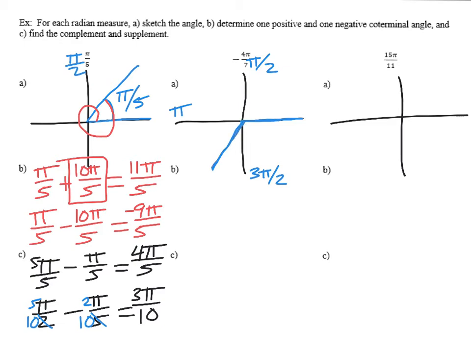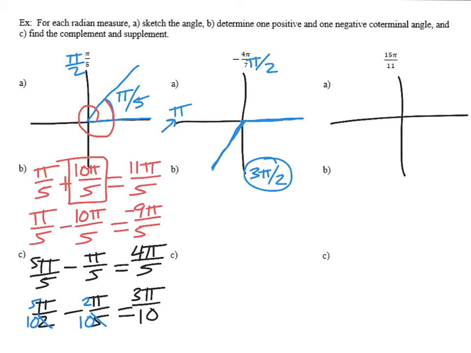So I'm thinking of this 3 pi over 2 as negative pi over 2. But I could tell, 4 over 7, I'm not going to make it all the way to pi. So the question is, do I get past negative pi over 2?